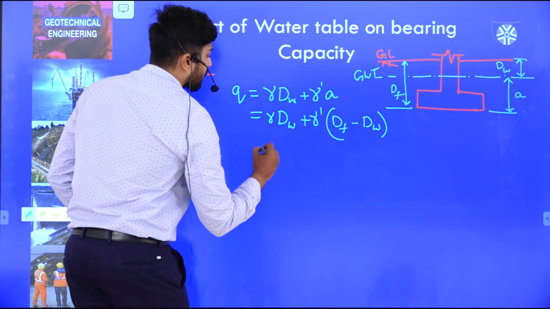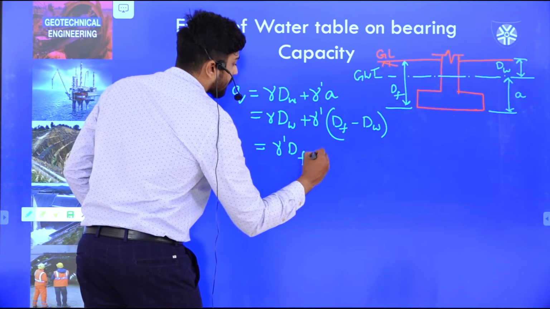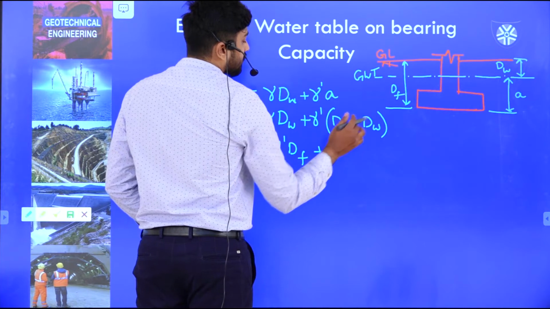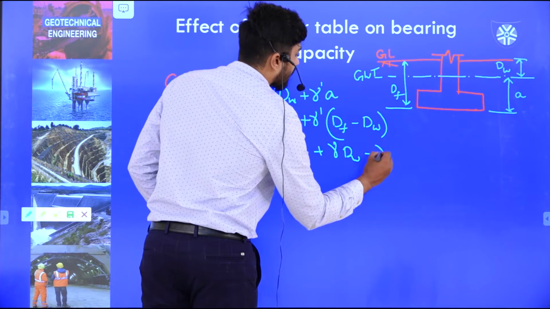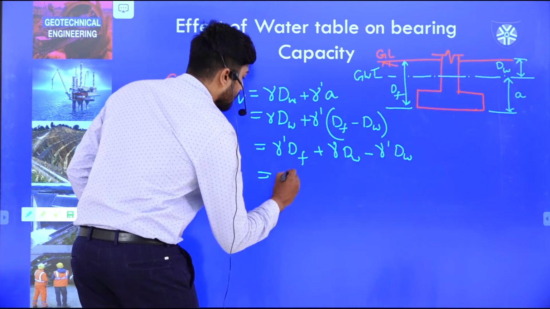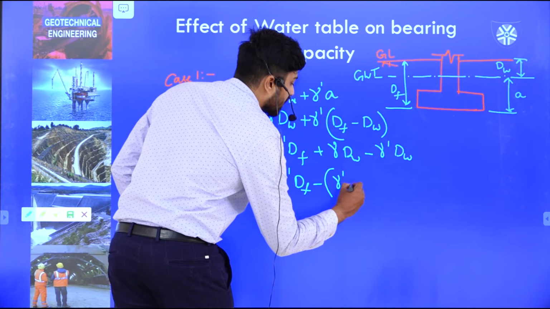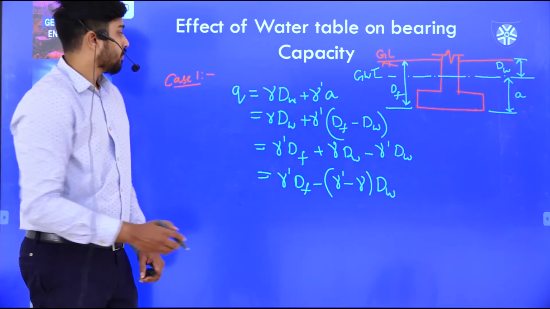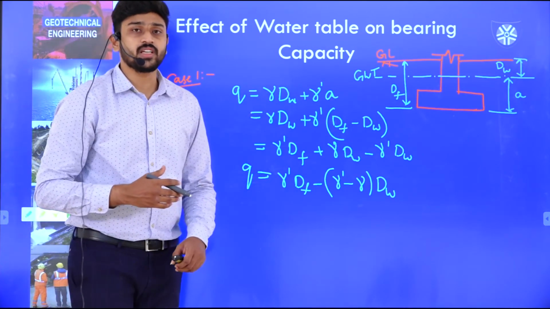Expanding, I can write gamma dash Df as one term, plus gamma Dw minus gamma dash Dw, or simply gamma dash Df minus (gamma dash minus gamma) into Dw. This is what I can write down as q, the surcharge term in our bearing capacity expression.